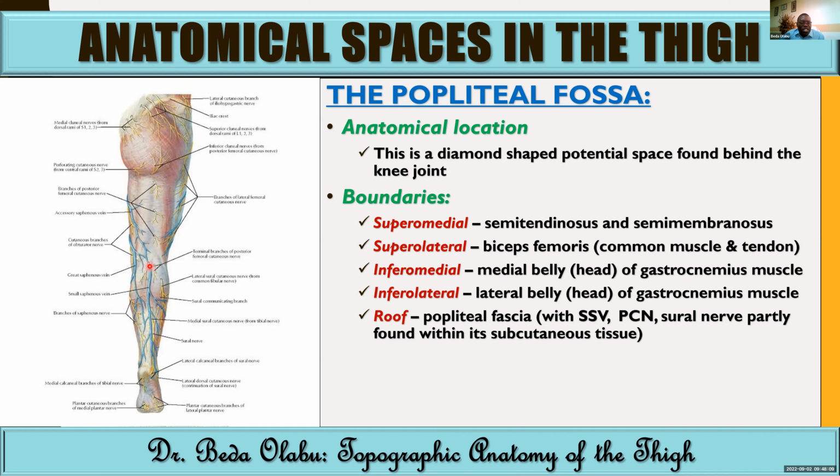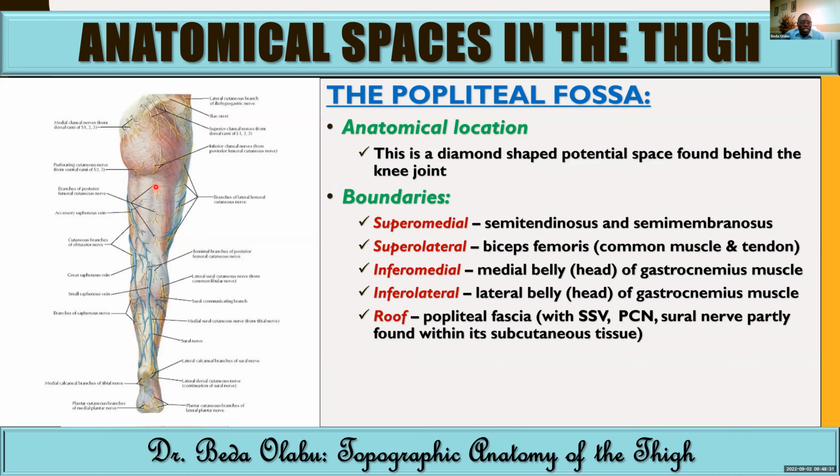On this popliteal fascia, we have the small saphenous vein. It passes through this roof and goes through it to terminate into the vein deep to the popliteal fossa, which we call the popliteal vein. We also have the terminal branches of the posterior cutaneous nerve of the thigh.